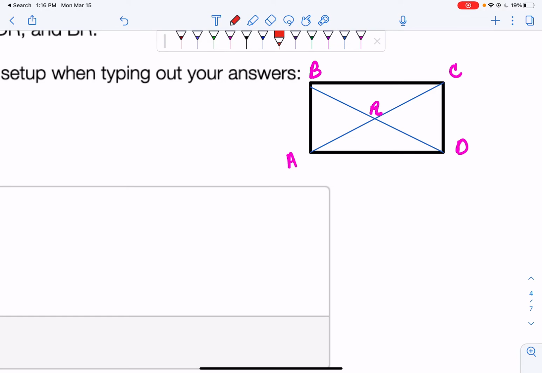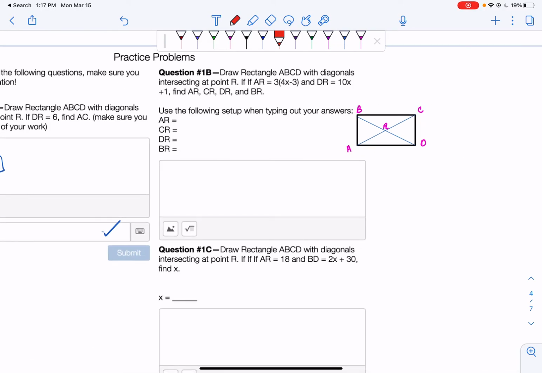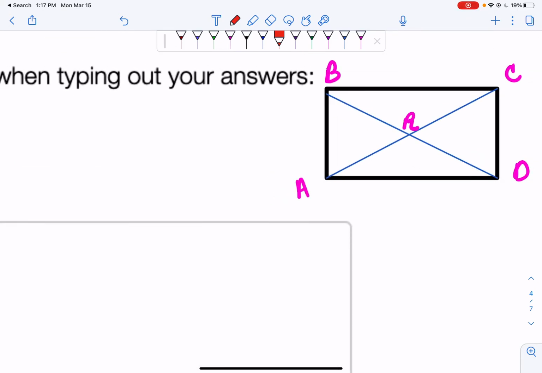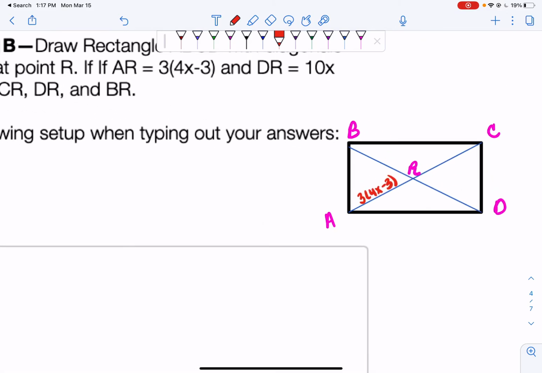And now I'm going to label my image. So I know that AR is 3 times 4x minus 3. And DR is 10x plus 1.